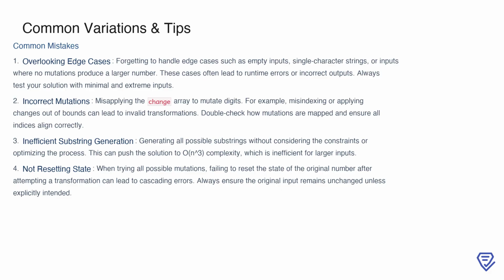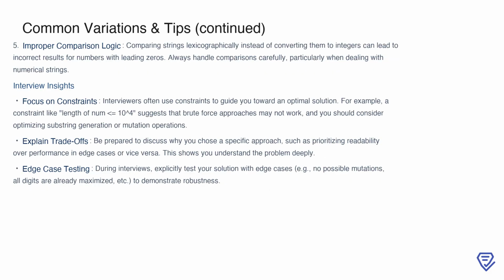It's critical to ensure that the original input remains unchanged unless explicitly intended to be modified. Another mistake to be cautious of is improper comparison logic. If you compare numerical strings lexicographically instead of converting them into integers, you might end up with incorrect results, especially for numbers with leading zeros. Always handle numerical string comparisons carefully to avoid this.